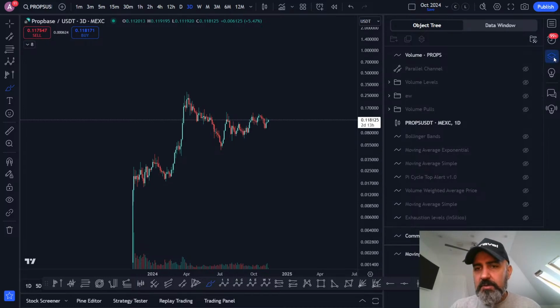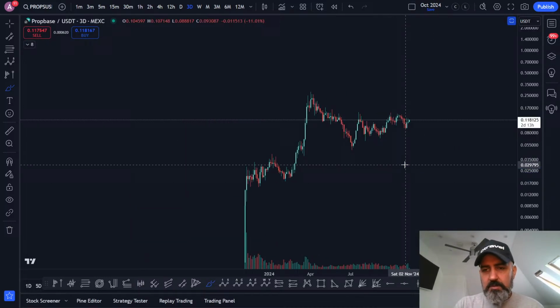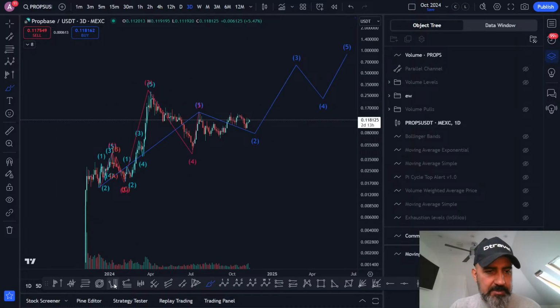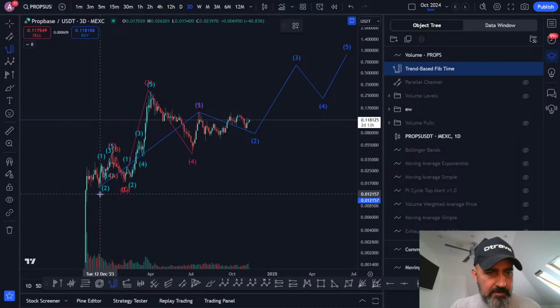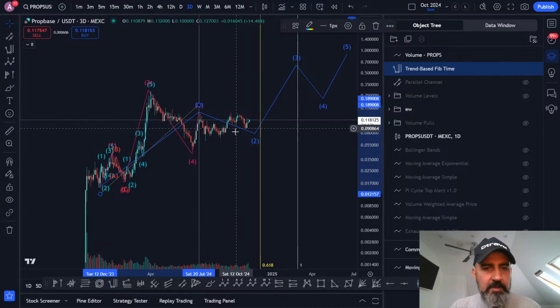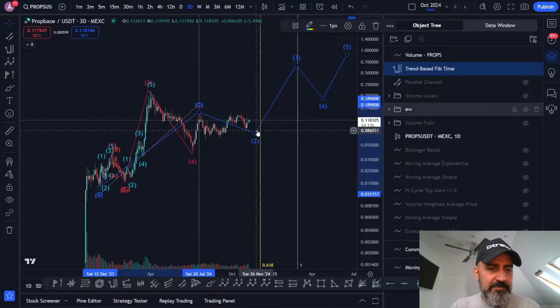All right, so let me just get the EW back up. So the 618 on this first wave is the beginning of December.